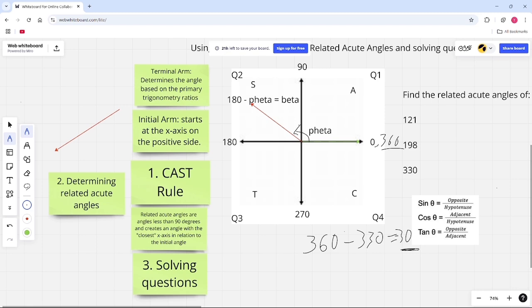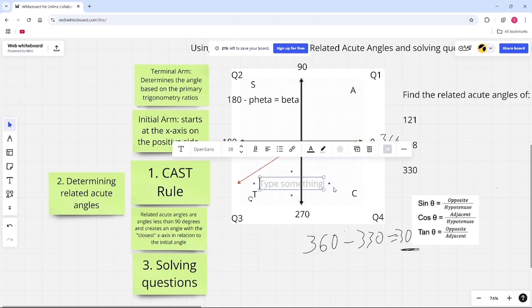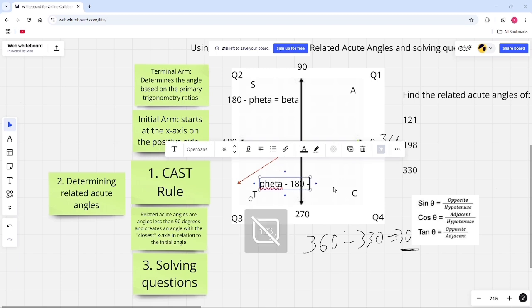And then beta is the related acute angle. Now, what if your angle is in quadrant 3? Well, then you'll simply do theta minus 180, which will give you your related acute angle.